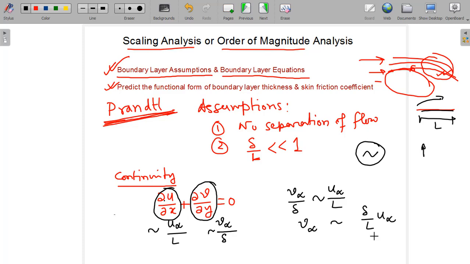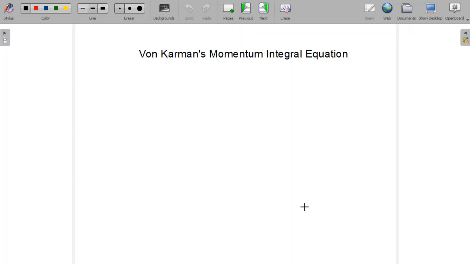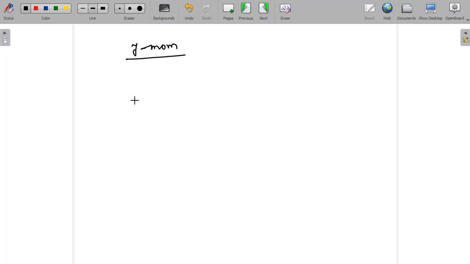This is what we can conclude from the continuity equation. Now let us consider the y momentum equation first, and then we will consider the x momentum equation.